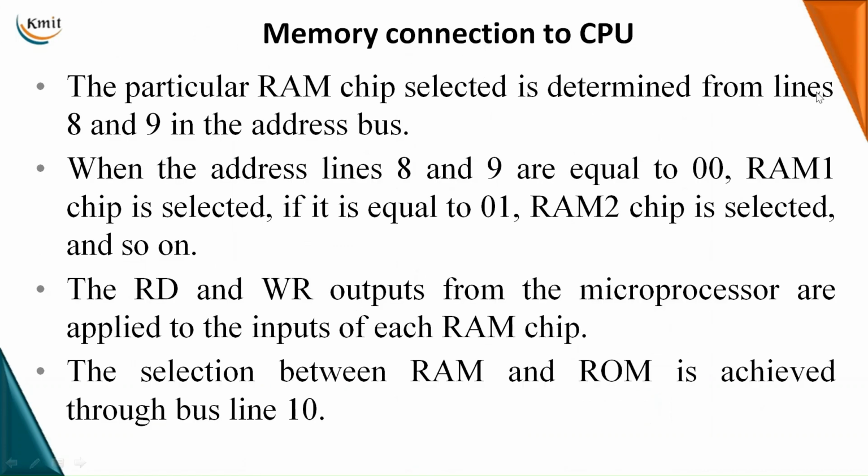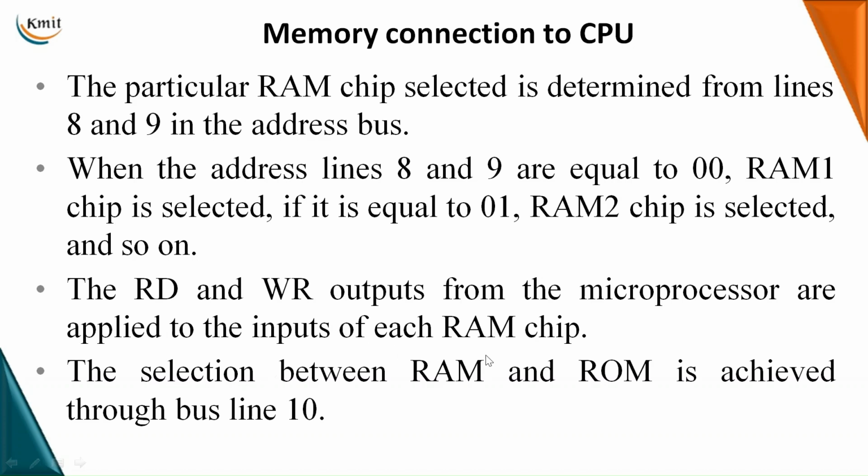The particular RAM chip selected is determined from lines 8 and 9 of your address bus. When address lines 8 and 9 are equal to 00, RAM 1 will be selected. If it is 01, RAM 2 is selected, and so on. Read and write outputs from the microprocessor are applied as inputs to your RAM chips.